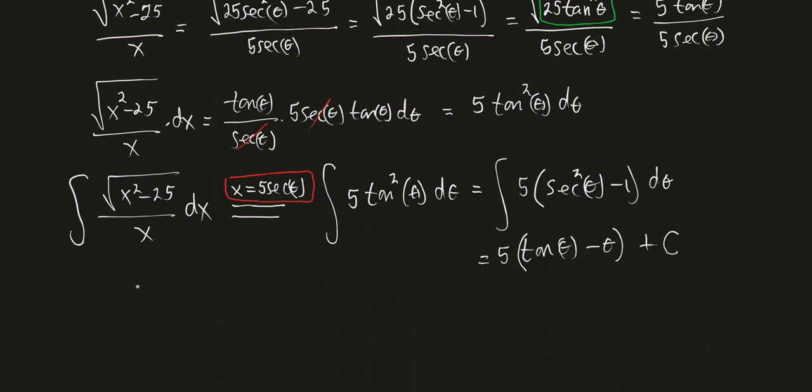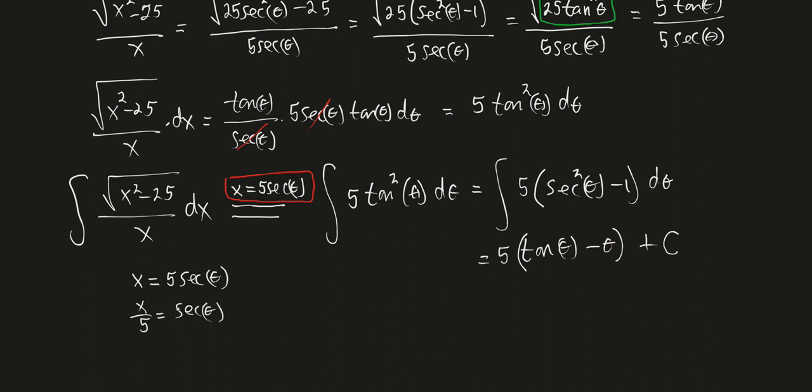All right, so we have x equals 5 secant theta. Well, if we have an equation like this and we want to determine what the right triangle is, there are different ways we could do it. We could divide both sides by 5, and we get that x over 5 is secant of theta.